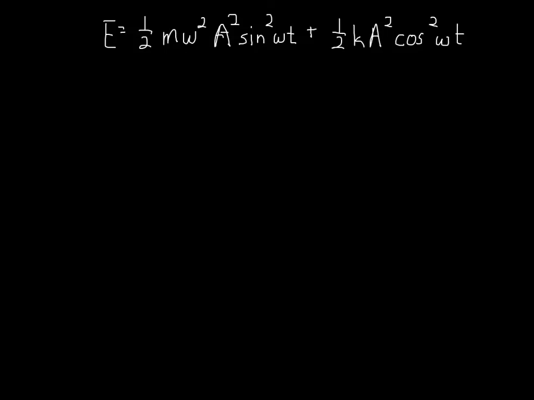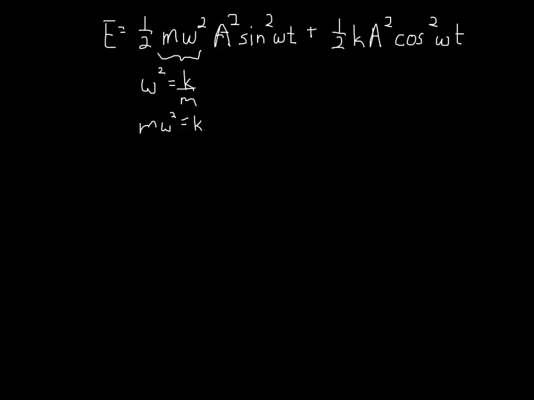I have my energy equation, this previous equation that we've been deriving all along in the previous slide. I look at this m times omega squared, and I remember that omega squared was equal to k divided by m. So if I shuffle this around and solve for k, I now can see that m omega squared is just equal to k, my spring constant.